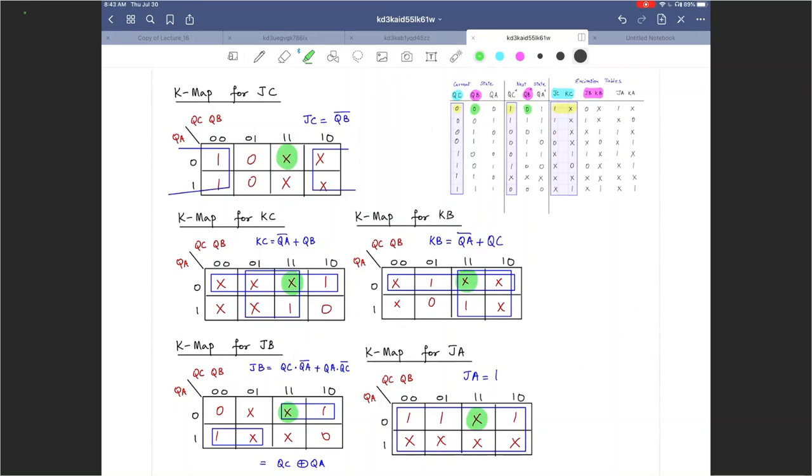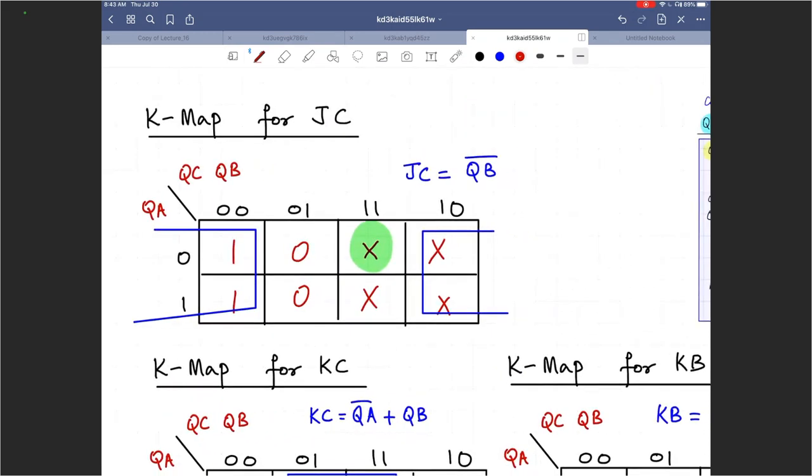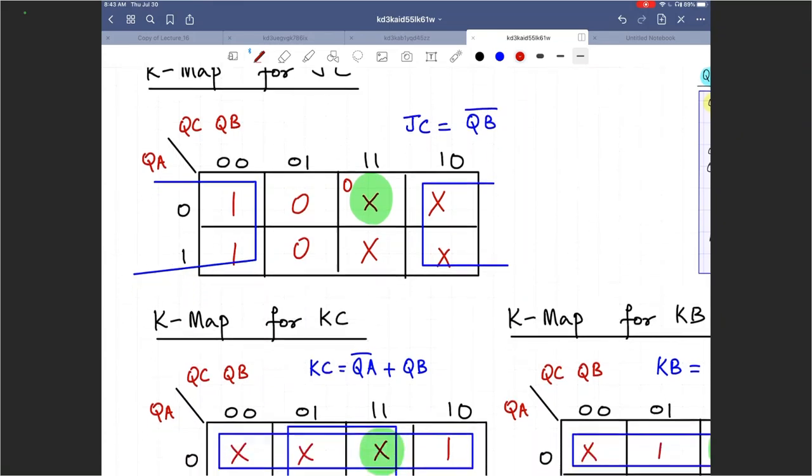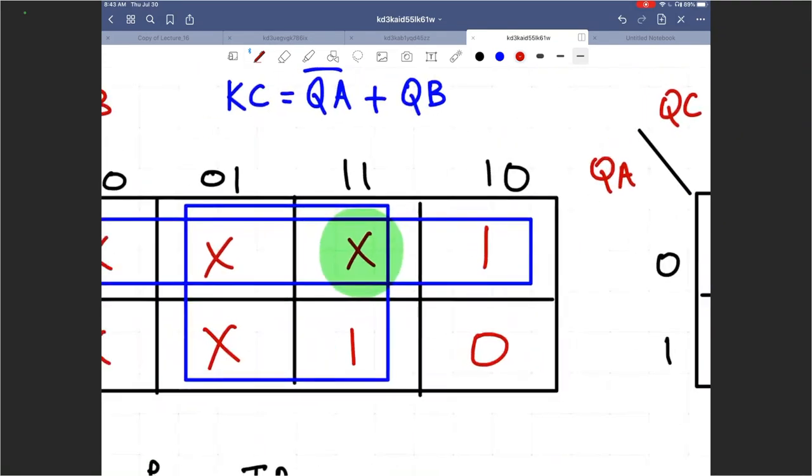In the first one, I left out that don't care, I didn't group it, so that counts as a 0. How about this one? This is in the group, so this counts as a 1.